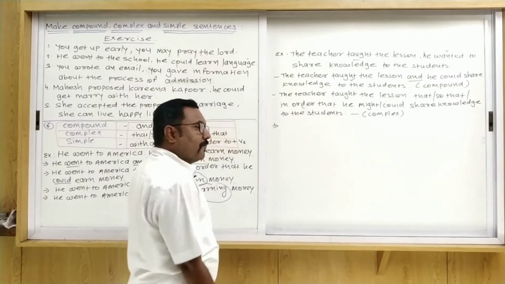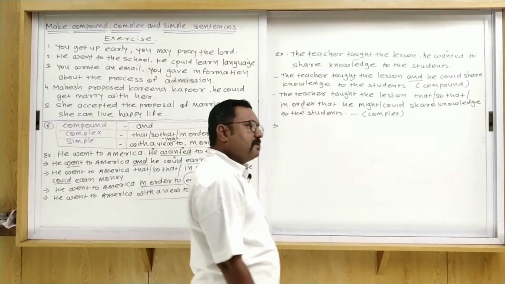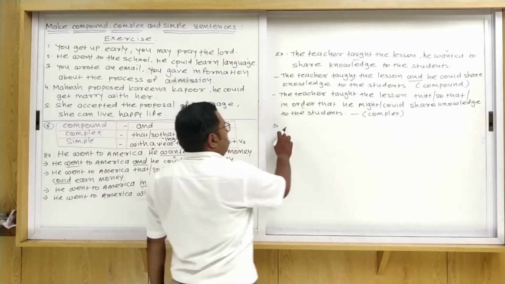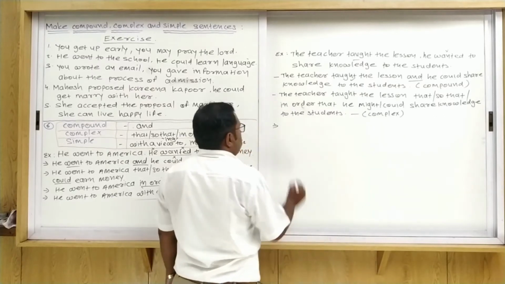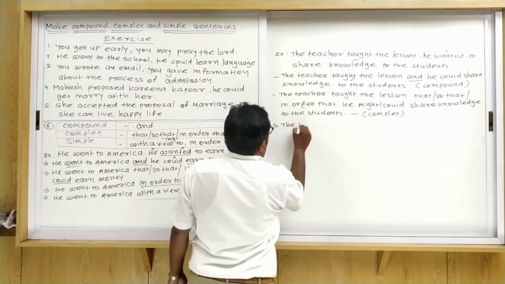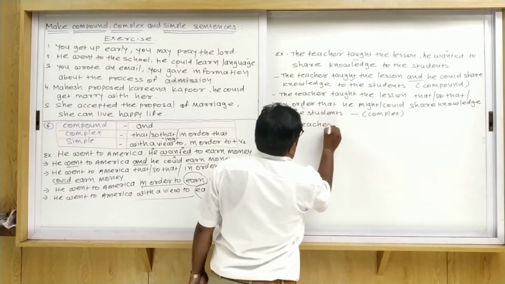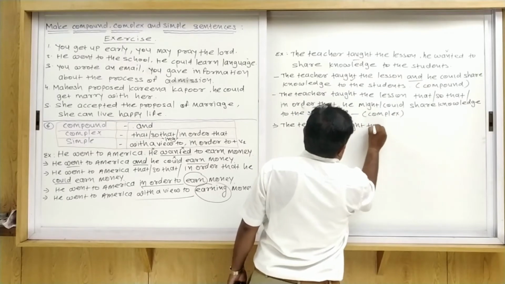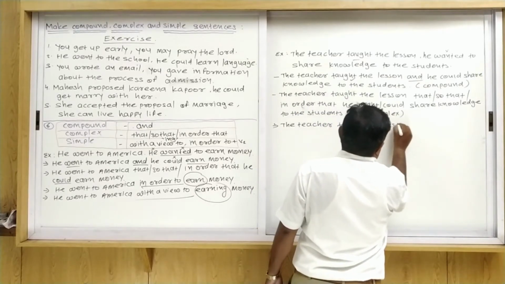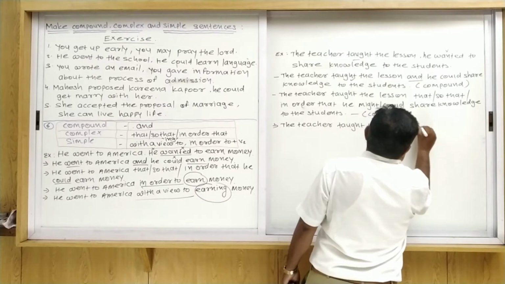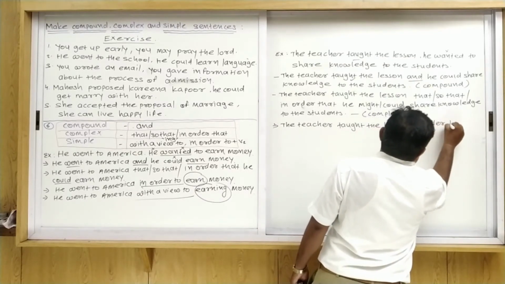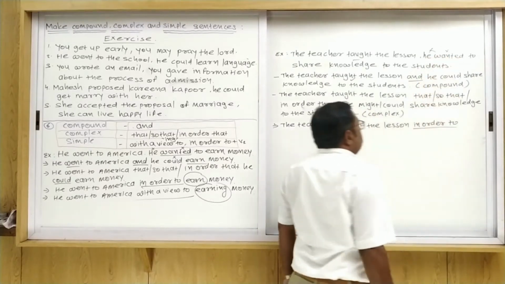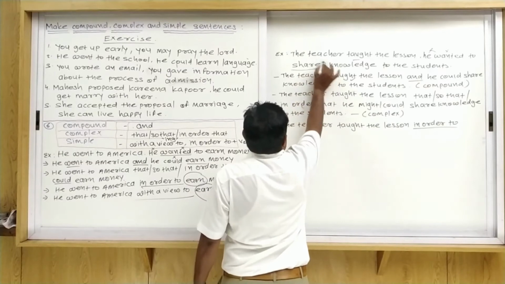Now we use a simple sentence. In a simple sentence we can use with a view to or in order to. So first of all, what is the first sentence? The teacher taught the lesson. So the teacher taught the lesson in order to, subject remove, wanted remove, and the verb is share.